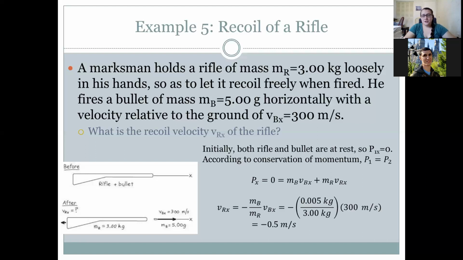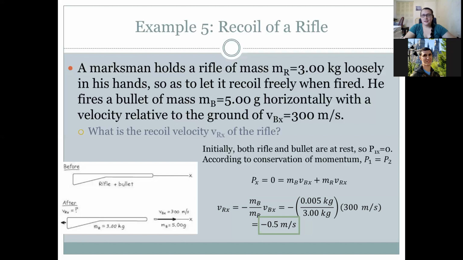When we take that equation and we rearrange it to solve for the velocity of our rifle, we get negative mass of the bullet over mass of the rifle times the velocity of the bullet. So when we plug those things in, remembering to convert our mass of the bullet to kilograms first, we get a velocity of negative 0.5 meters per second.